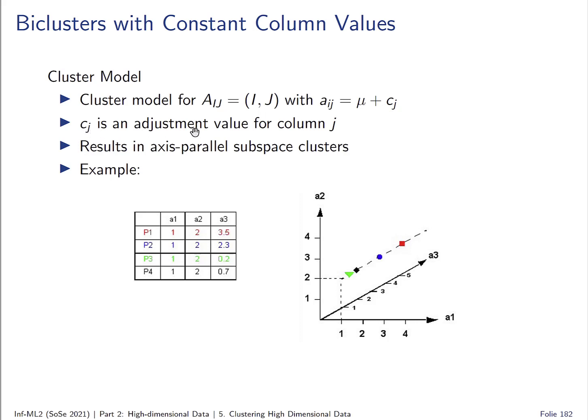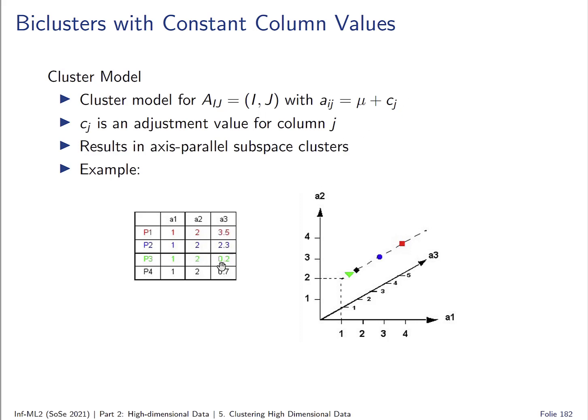So Cj is the adjustment value for column J, and you see that here in the example that we have in the first column. So maybe the constant value here mu is, I don't know, 1, for example, or let it be 0. So the adjustment value for column 1 would be 1, for column 2 it would be 2, and for column 3 we cannot find an adjustment value.